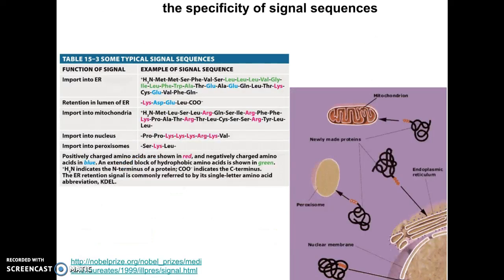So the consensus signal sequences for many different compartments have been worked out. There's a signal sequence for entering into the ER, and that is at the N-terminus.